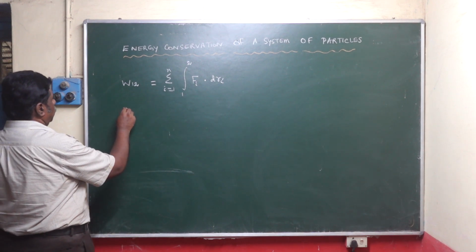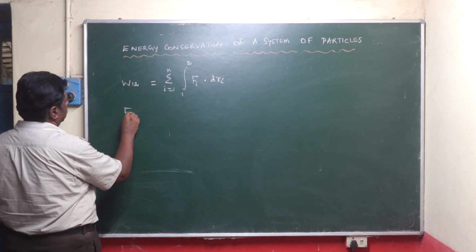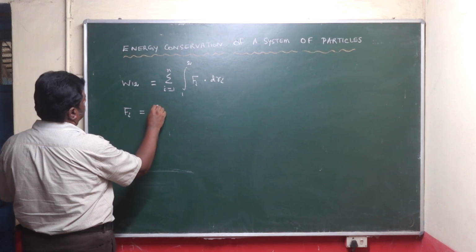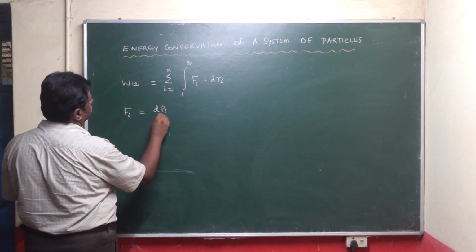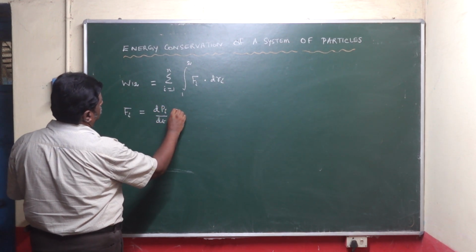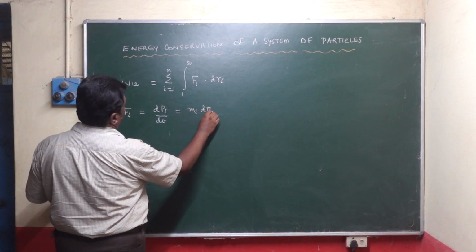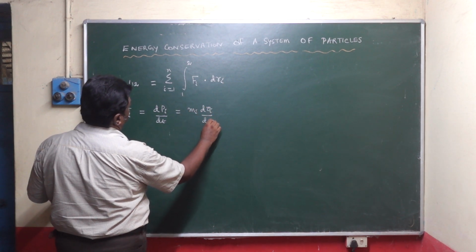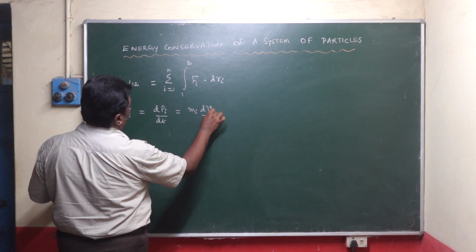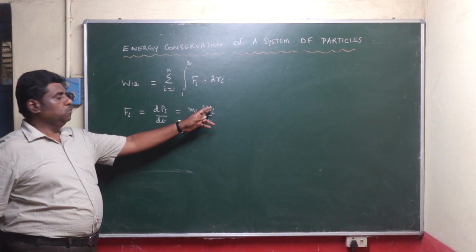You know the value of Fi. Fi = dpi/dt, which is equal to mi dvi/dt. This is the velocity of the ith particle; we have to use small v.